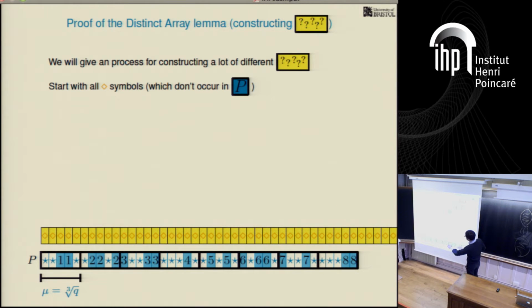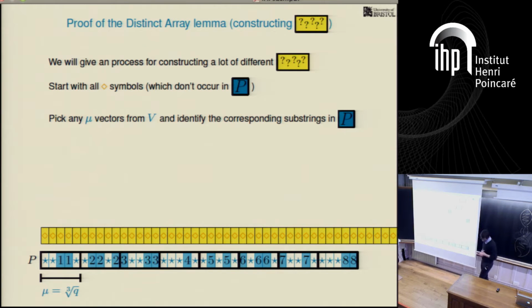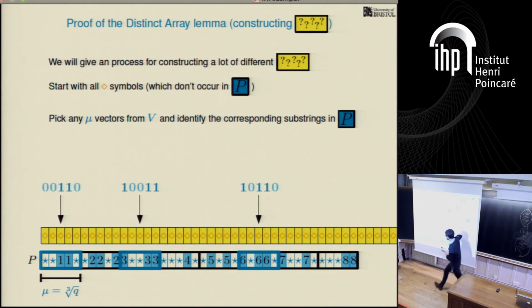Start with all diamonds in this block. These diamonds aren't going to occur in the pattern, so they're going to mismatch absolutely everywhere. Then I'm going to pick mu vectors from V and identify the corresponding substrings in P. So from V, I've picked this one, and this one. So the corresponding substrings are this substring, and this substring.